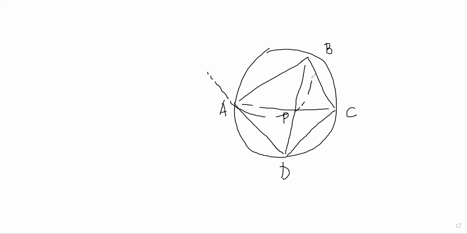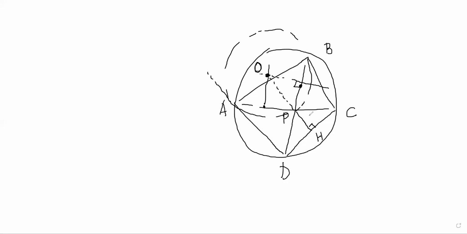So the ABP circumcircle would be somewhere up, and its center will be the point of intersection of perpendicular bisectors of any two sides. Let's say this is O. Now we have drawn an altitude here, H, and we have to prove that OP and H are on the same line, right?